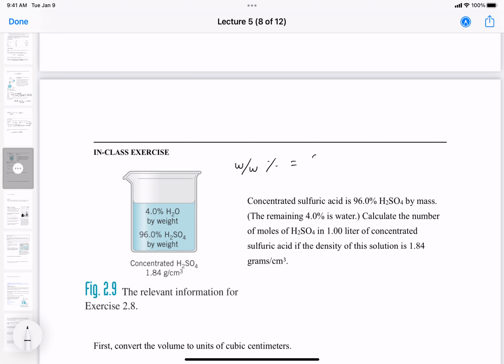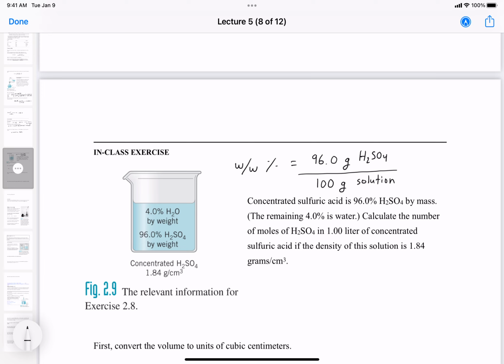96. Like we essentially say 96.0 grams H2SO4 over 100 grams of solution.